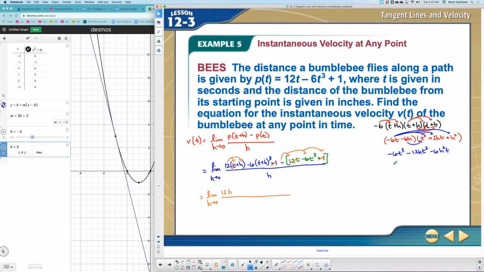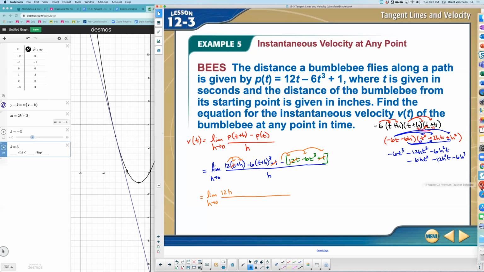Here we have minus 6ht squared, minus 12h squared t. And then finally, right there, minus 6h cubed.